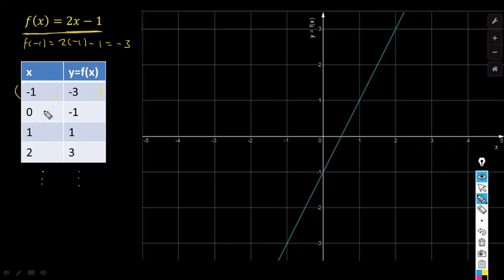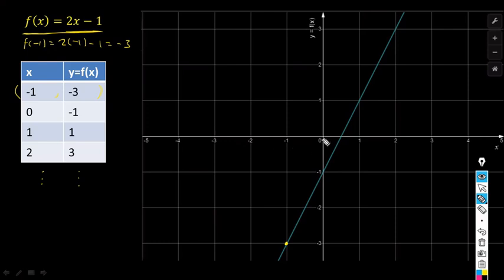So it's minus 1 comma minus 3. There you have it. We say that this point belongs to the graph of this function.